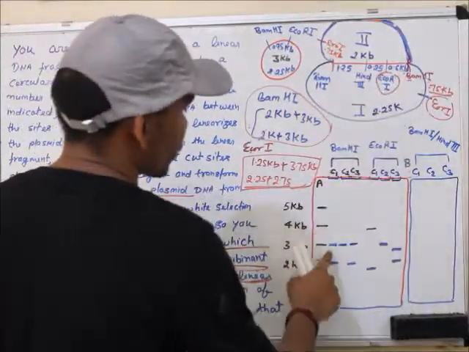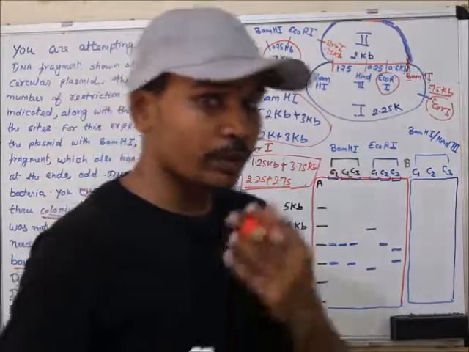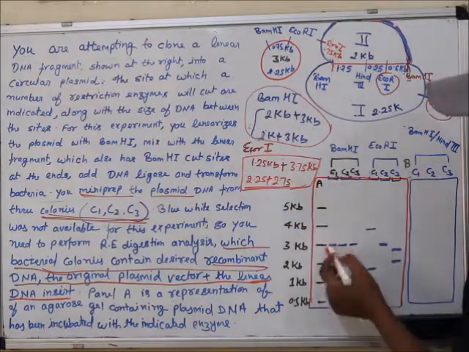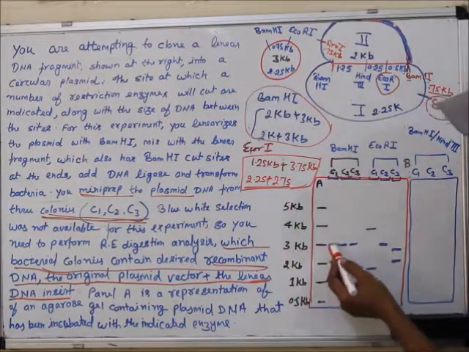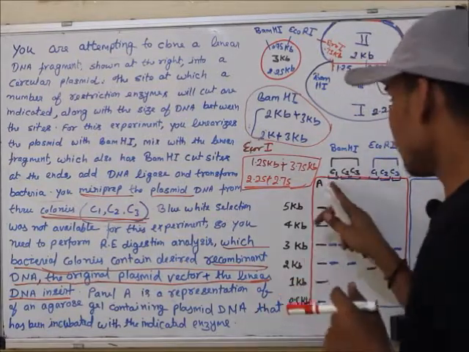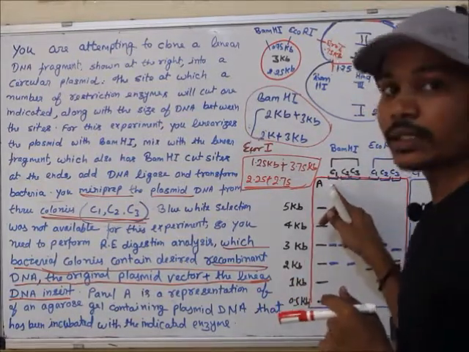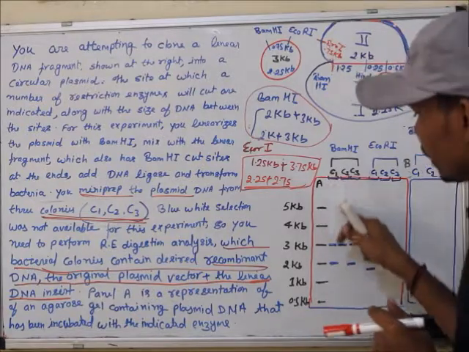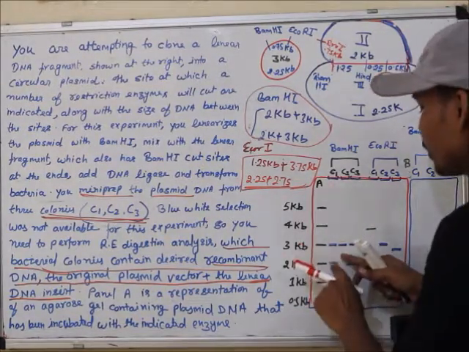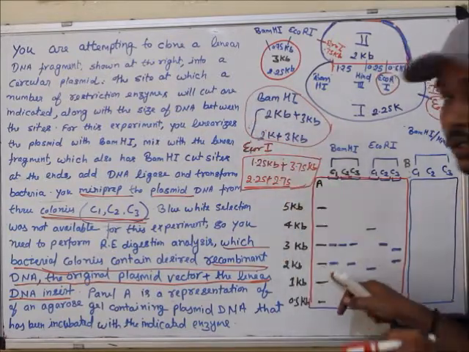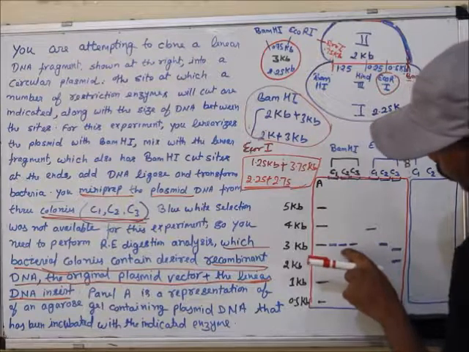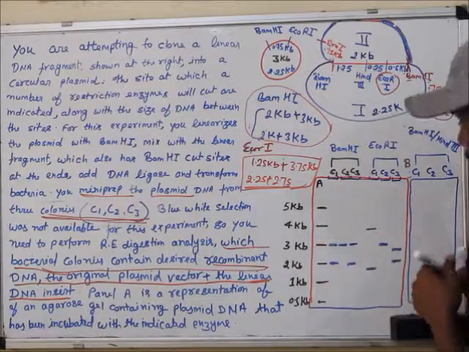C1 proves that it carries the foreign DNA within this plasmid, because after digestion 3 kb and 2 kb confirm it.